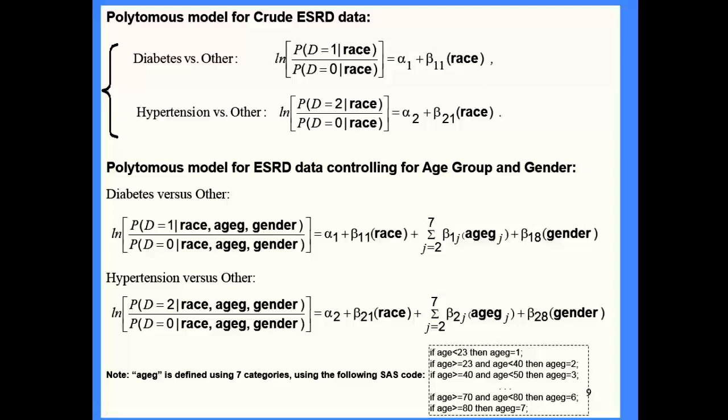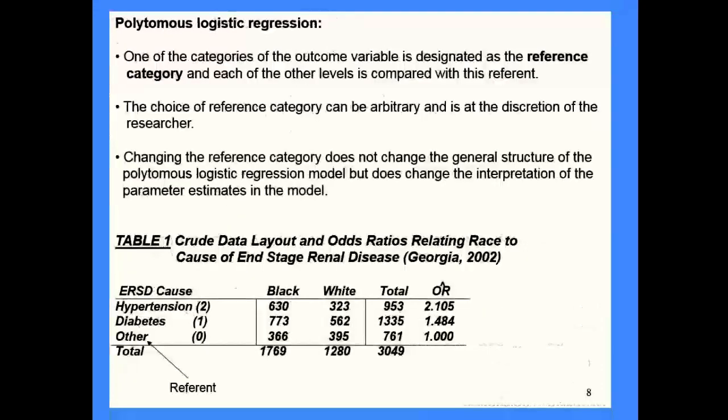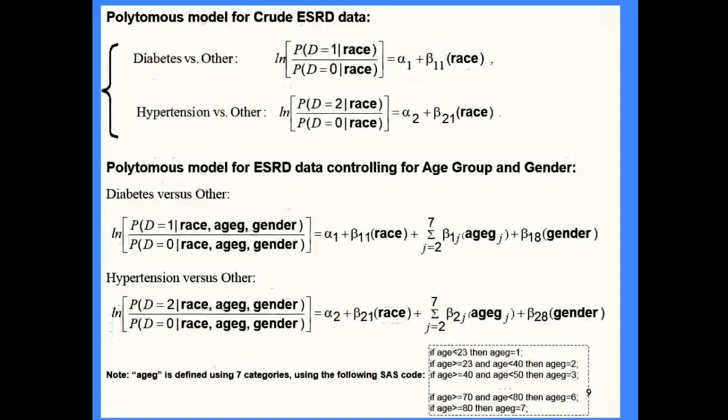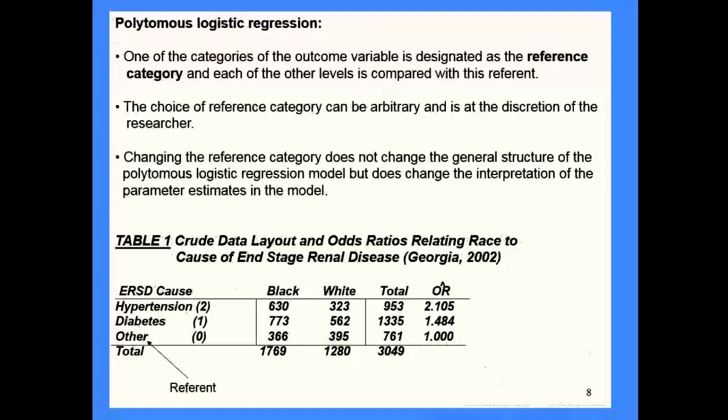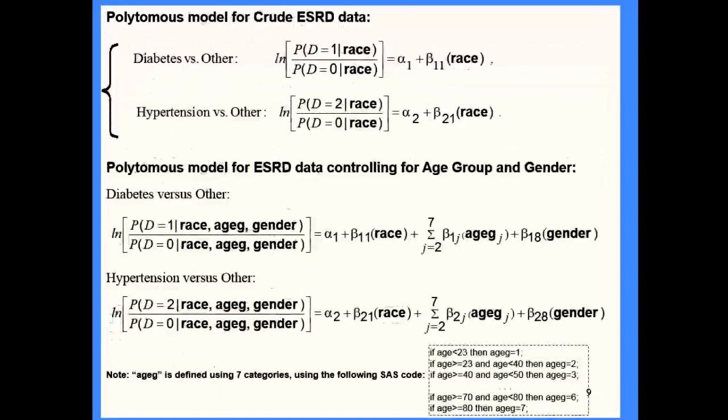It turns out that you can use proc logistic to run this model, and the two odds ratios you're going to get are exactly these two, 2.105 and 1.484. So you can either do this without a model, or if you actually ran a model using proc logistic, you'll get exactly the same answers, 2.105 and 1.484, because this is a model that you're not controlling for anything. It's just the crude data.